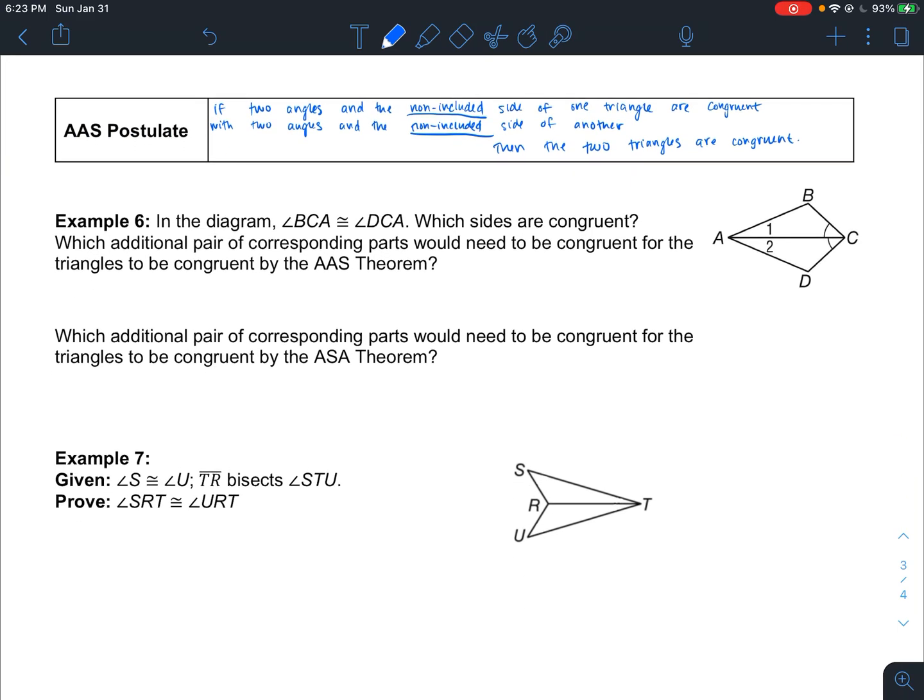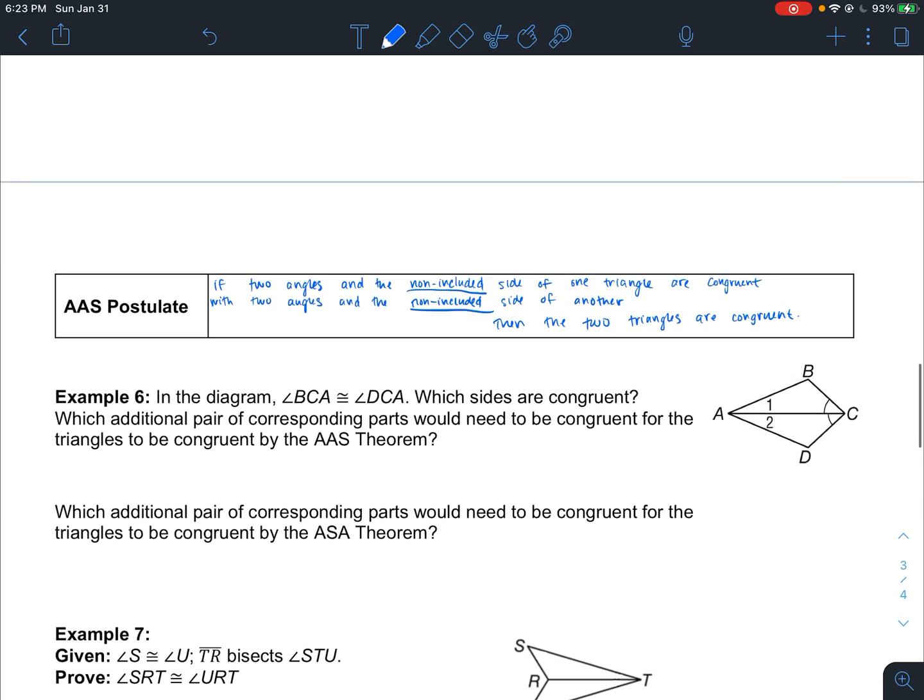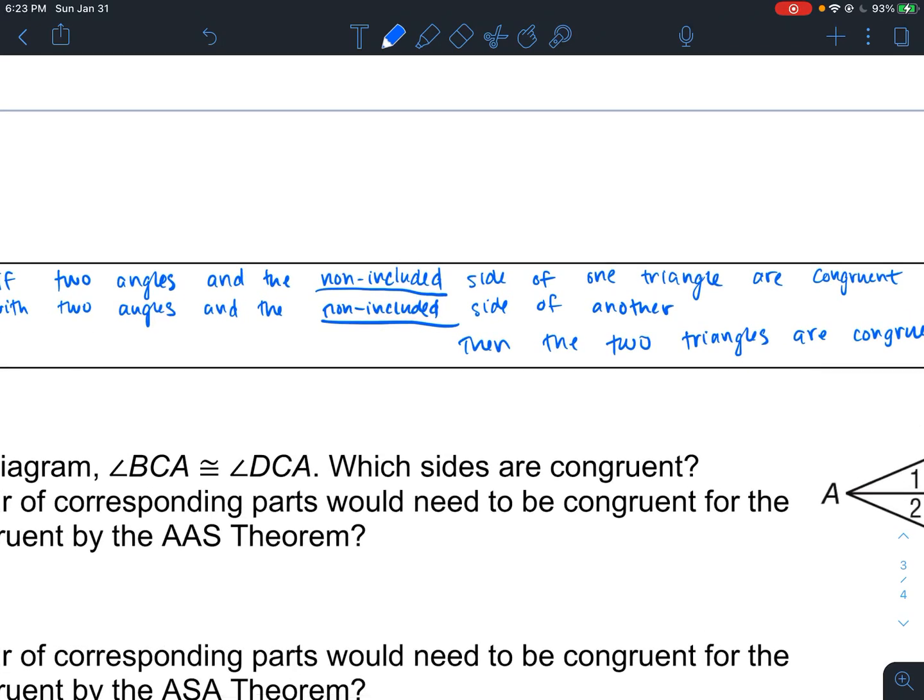So to show what this means, in the past videos we've been talking a lot about the included side. So if we have two triangles, let's say we had these two angles and the non-included side. It could mean this one right here, that's a non-included side. So this would be an angle, an angle, and a side.